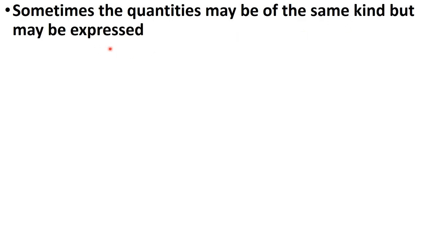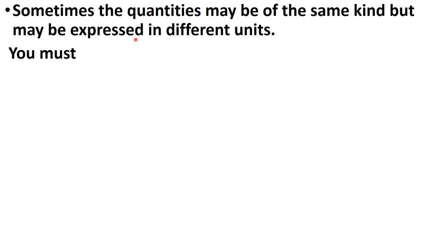Sometimes the quantities may be of the same kind but expressed in different units. Sometimes it happens we are measuring the height of both children, but one is given in meter and another is given in centimeter. The kind is the same but the units are different. So in that case, what do we have to do?